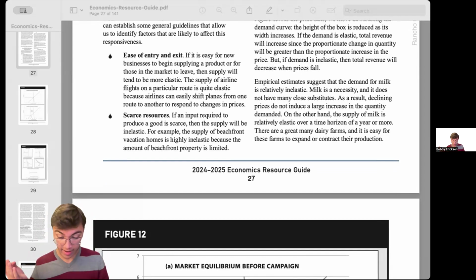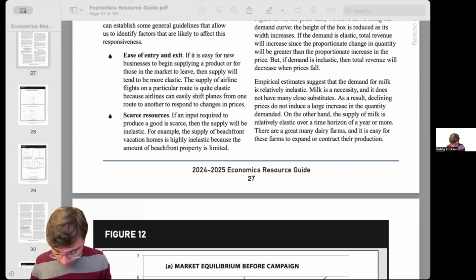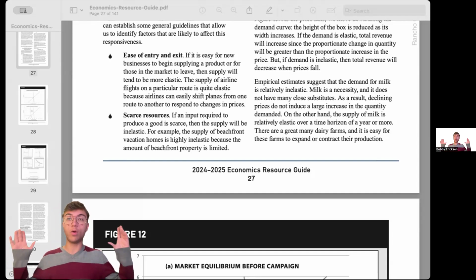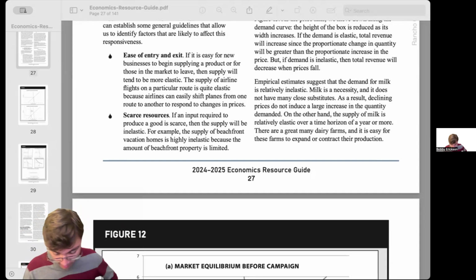And so that means it has relatively low price elasticity of demand. We know, however, that the supply of milk is relatively elastic over a time horizon of a year or more. So when we have a large time horizon, the supply of milk is quite elastic.